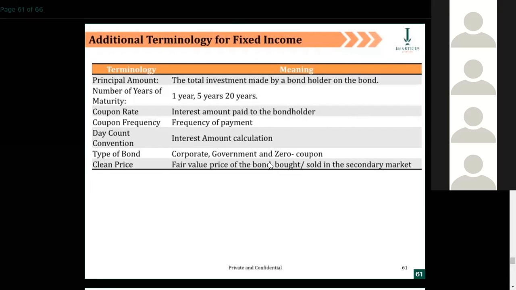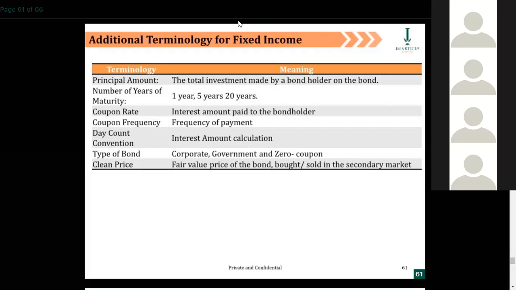Just to show you on the Excel file, give me a second. Let me open the Excel file. Okay, so let's understand haircut.